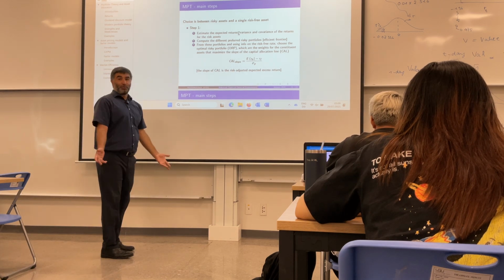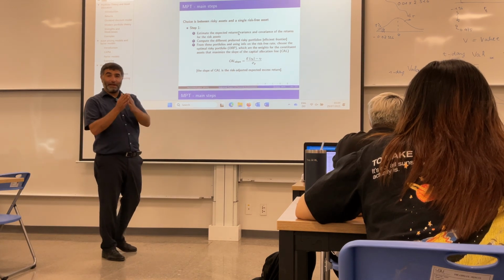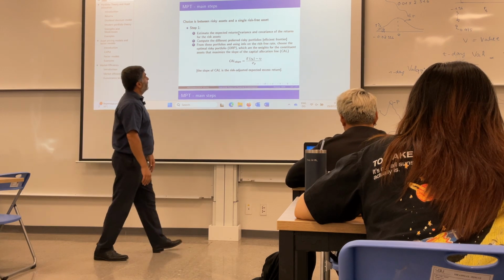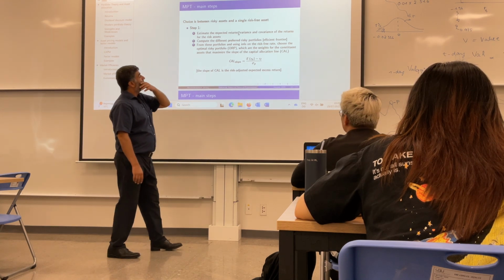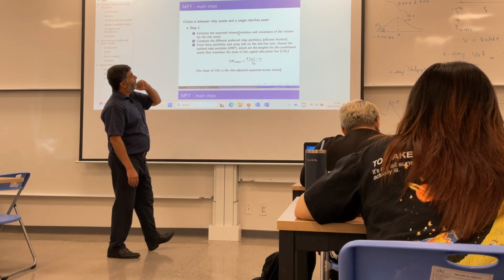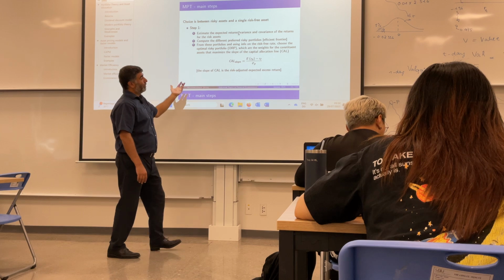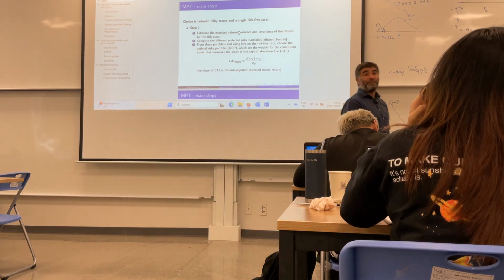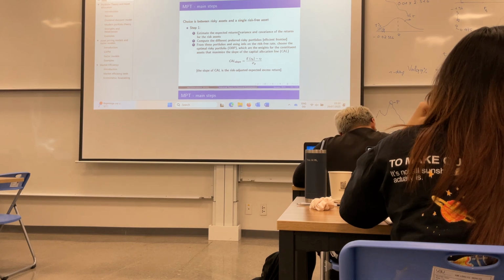The first step is to estimate the return and the covariance. Let's say you do that. Then we go to the second step, where there could be different preferred risky portfolios. That is the efficient part here.